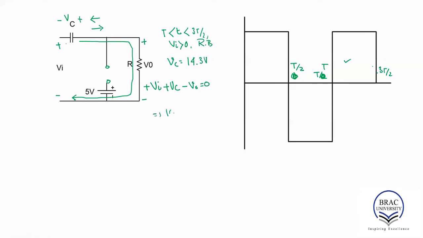Vi is equal to 10, plus 14.3 is equal to V naught. V naught is equal to 24.3. So let's draw it.